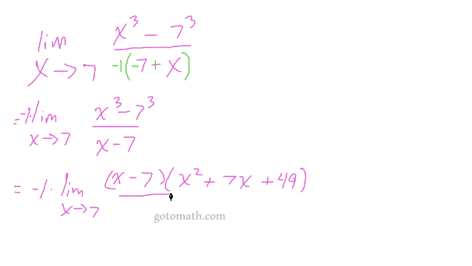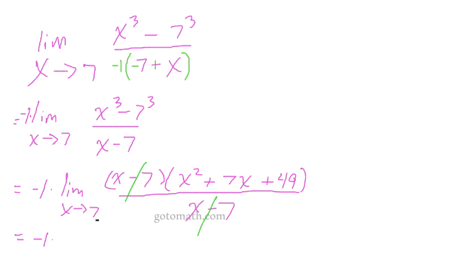And this is all over, of course, our x minus 7. Now we've gotten it to the point where we can cancel out some like factors, so we cancel those out, and now we can go ahead and do the direct substitution.